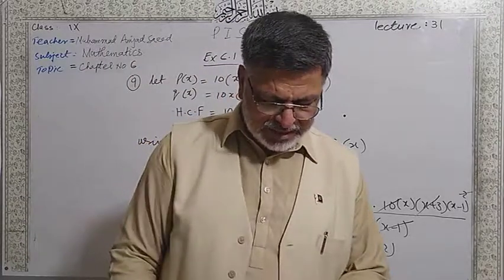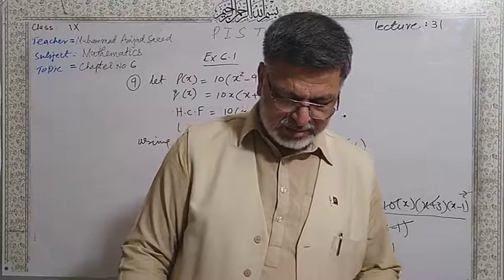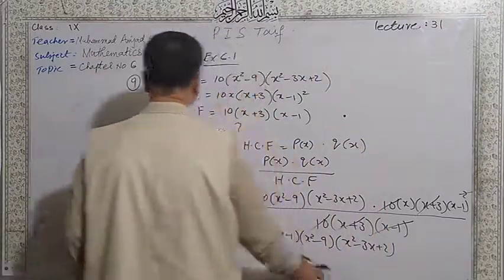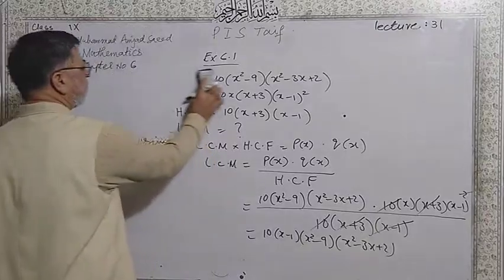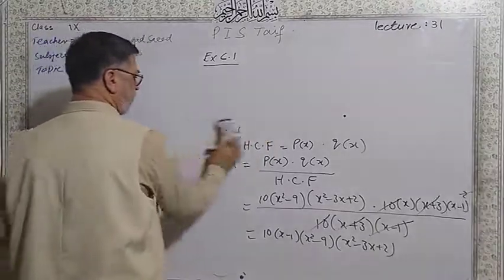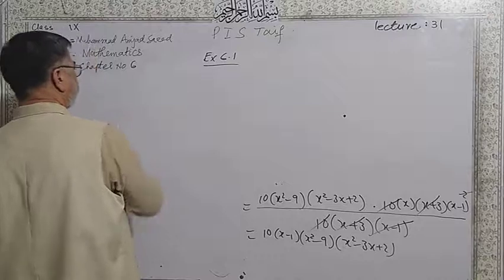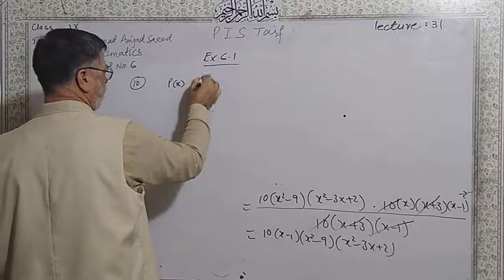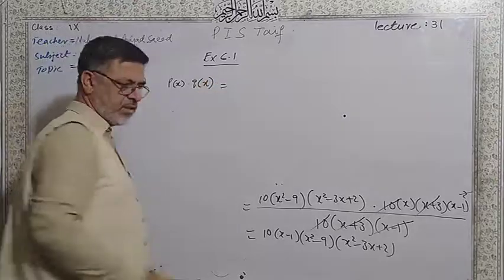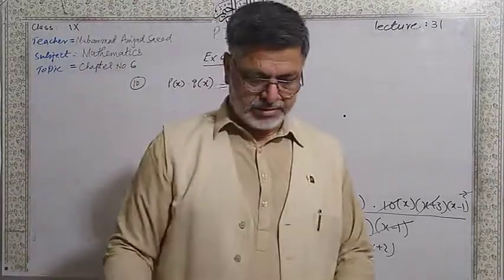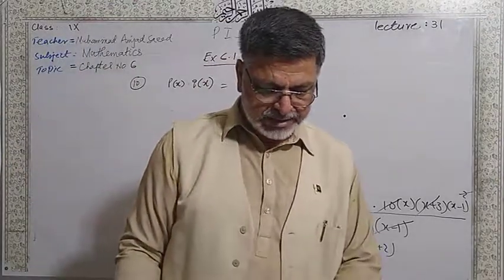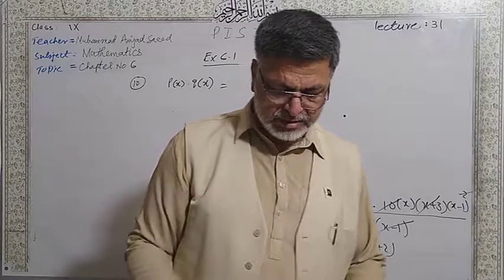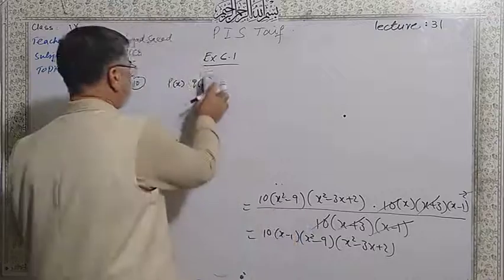Let the product of LCM and HCF of two polynomials be, yes, it's given. Product of two polynomials means P of x into Q of x is given. No, this is LCM and HCF.